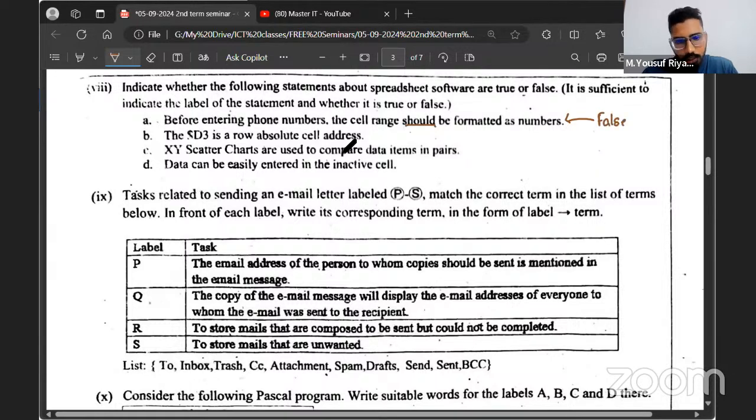Next, $D3 is a row absolute cell reference. Now the word absolute means fixed. The dollar symbol is used to keep something fixed. If the dollar symbol is in front of the column name, the column is fixed. If it is in front of the row number, the row is fixed. Here, is it in front of the row number?